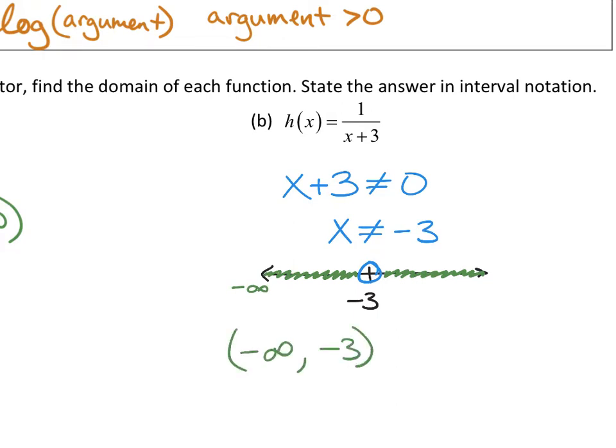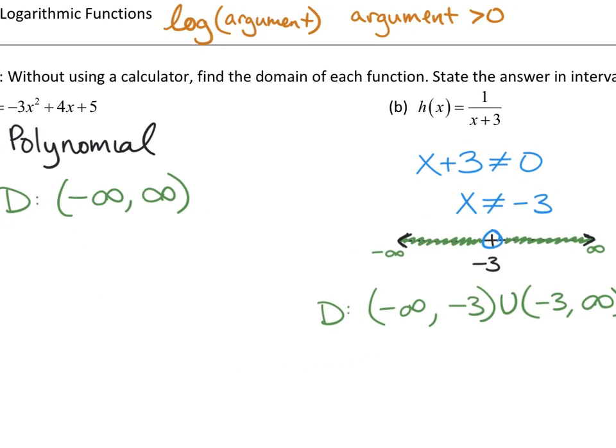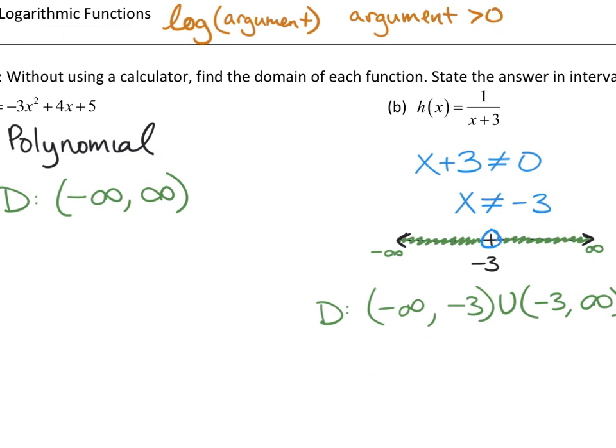We pick up our pencil, we put our pencil right back down after negative 3, and we finish at infinity. It would be all real numbers, negative infinity to infinity, except that it just can't be negative 3, so we have to talk about that in our domain. Okay, do we see the difference in how we answered A and B?